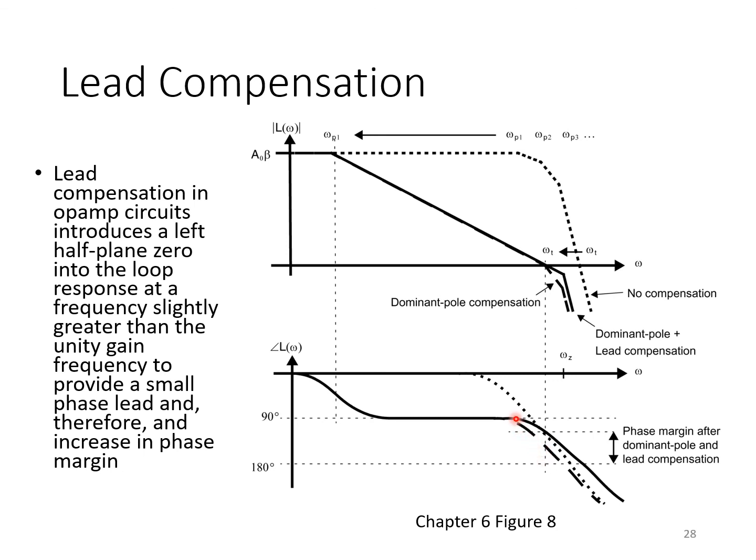So then you would get the thick dashed line for the phase response and the thick dashed line for the magnitude response. So omega T is now located in such a place where you've got a phase margin of about, let's say, 45 degrees in this case.